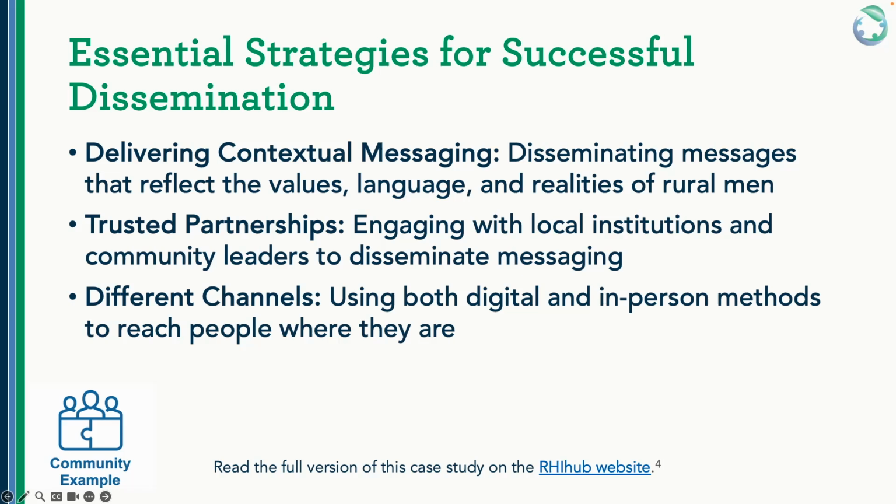Another strategy is multi-channel outreach, combining digital, in-person, and printed methods to meet people where they are at and increase accessibility. In summary, the Healthy Men Michigan campaign provides a strong example of effective dissemination in rural public health settings.